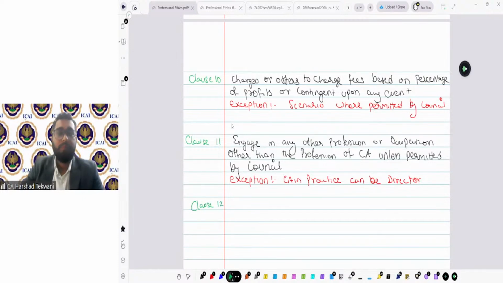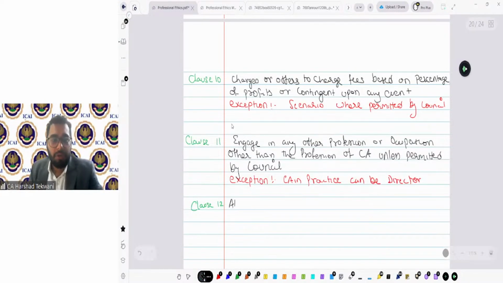Clause 12. The last clause for this particular part. Now this clause 12 specifies that if a chartered accountant in practice allows a person not being a member of institute, or being his partner, to sign on his behalf any balance sheet, profit and loss account, or report or financial statement, then that chartered accountant who allows it will be held guilty of professional misconduct.